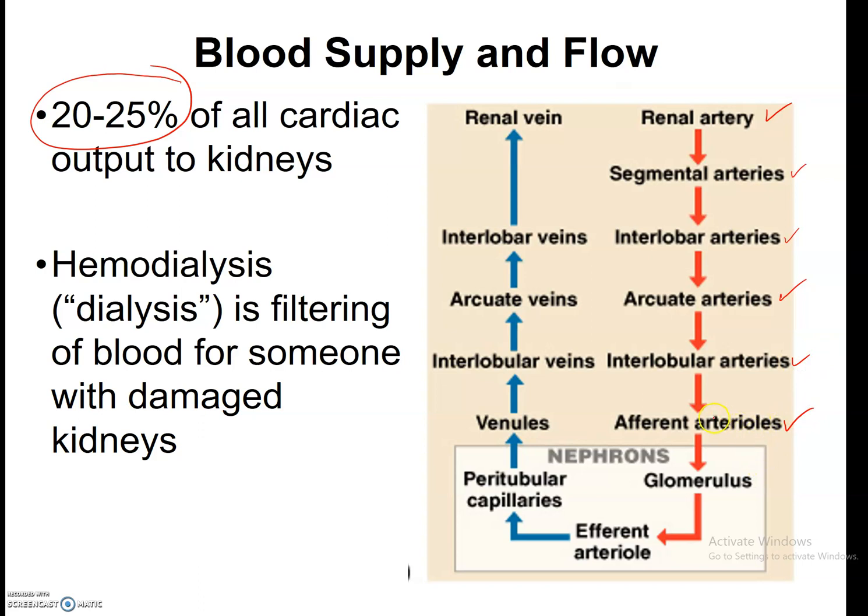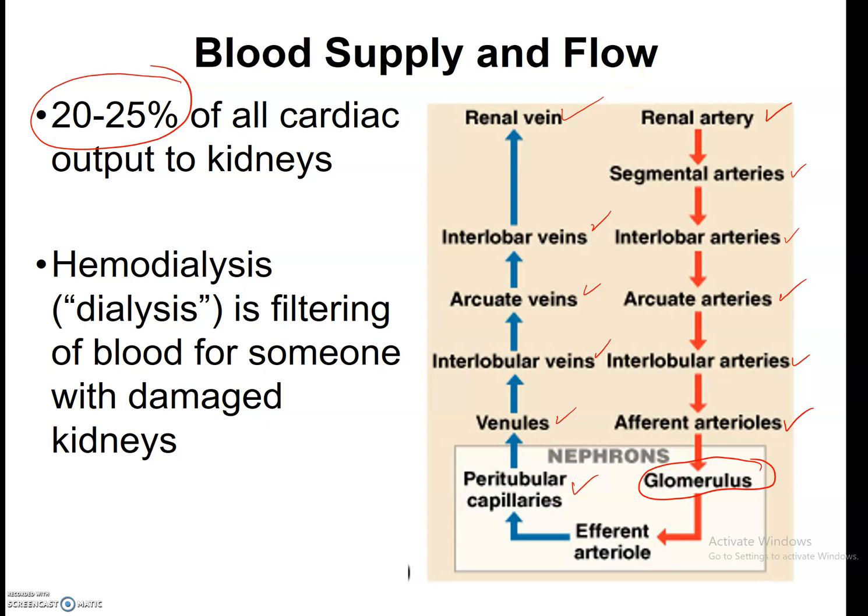Right here, after the afferent arterioles, remember this is where the glomerulus, that little round capsule, has the arteries with the podocytes, the fenestrated capillaries basically, where filtration happens. The blood then goes to the efferent arteriole, then the peritubular capillaries, the venules, interlobular veins, arcuate veins, interlobar veins, and then the renal vein out to the rest of circulation.